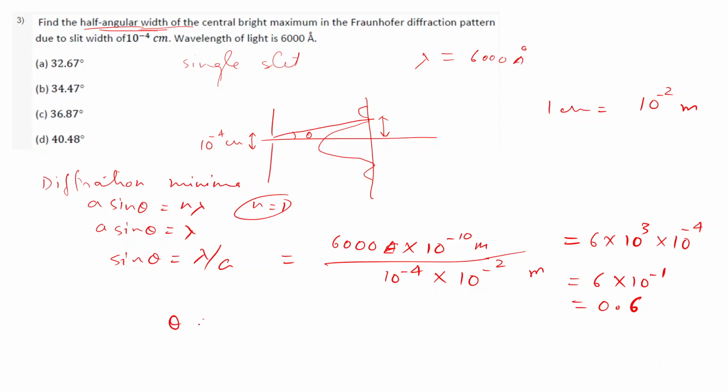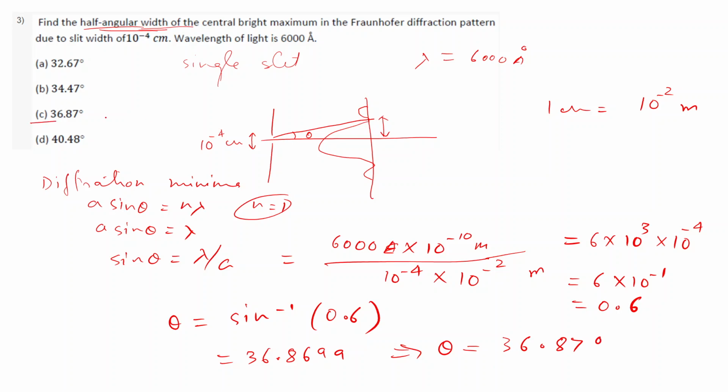Now theta will be sine inverse of 0.6, which is 36.8699. If we approximate up to 2 decimal digits, it will be 36.87 degrees. C is the correct option here.